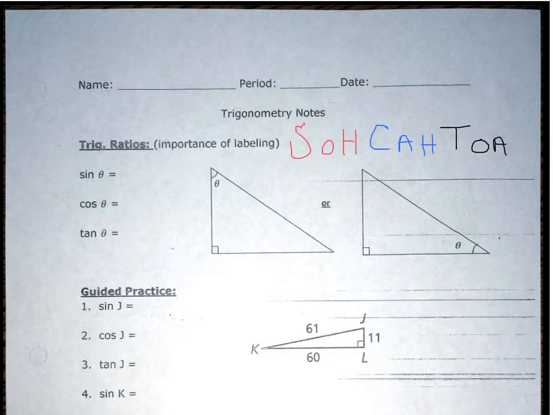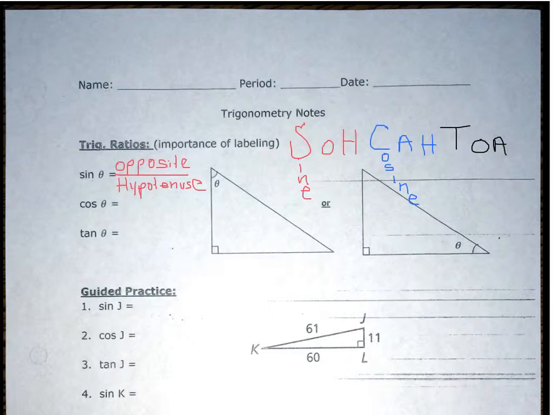Okay? So this stands for sine, S-I-N-E. And sine is just the opposite side over the hypotenuse. Then cosine, C-O-S-I-N-E, that's how you spell cosine, and you abbreviate it as C-O-S.